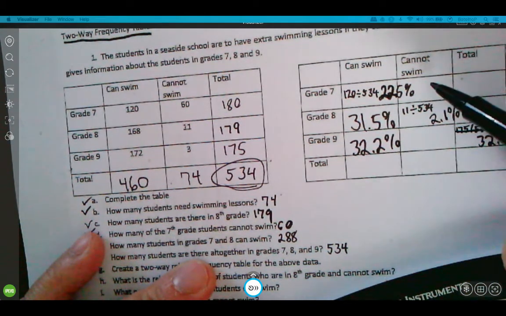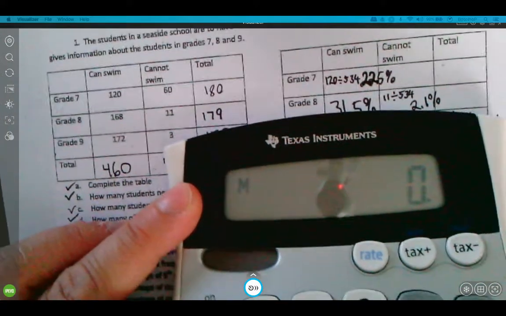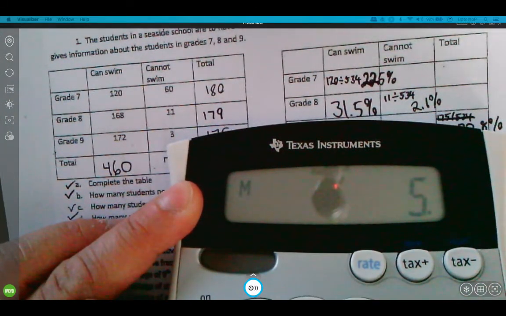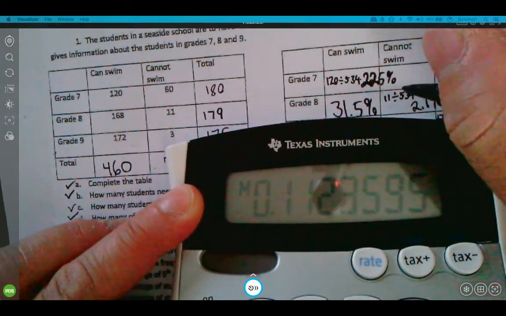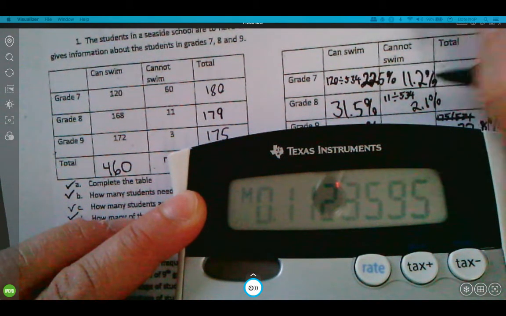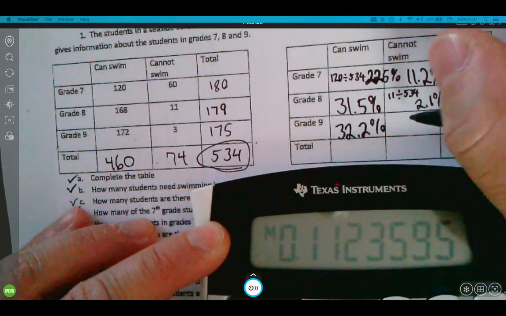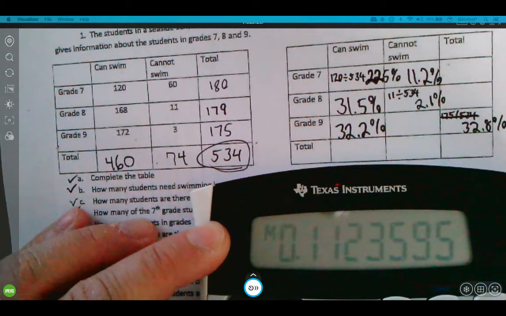Then 60 divided by 534 is 11.2%. Then I just need this one: what am I going to divide to get ninth graders that can't swim? 3 divided by 534.